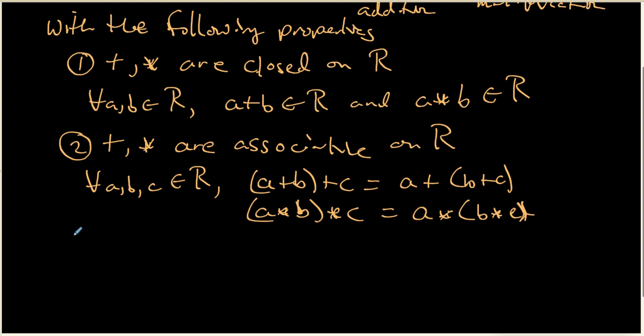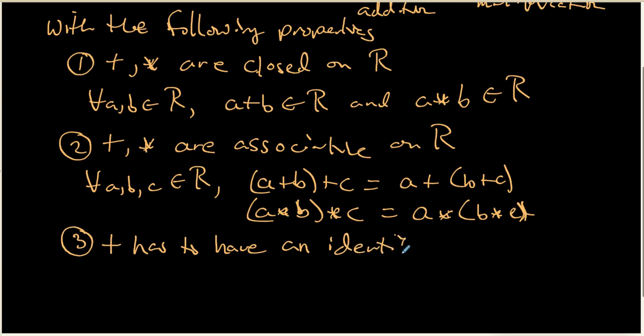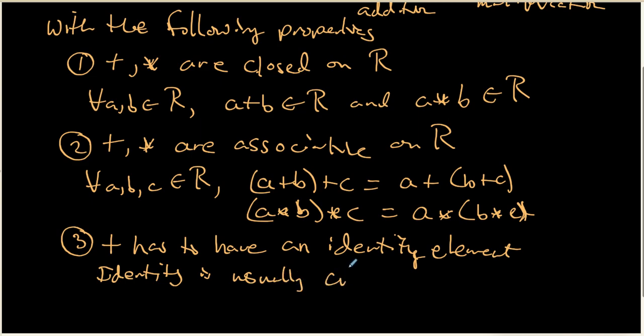And let's see, the third thing is that plus has to have an identity element. And the identity element is usually called 0. So this identity element is usually called 0 sub R, meaning the 0 for the ring.